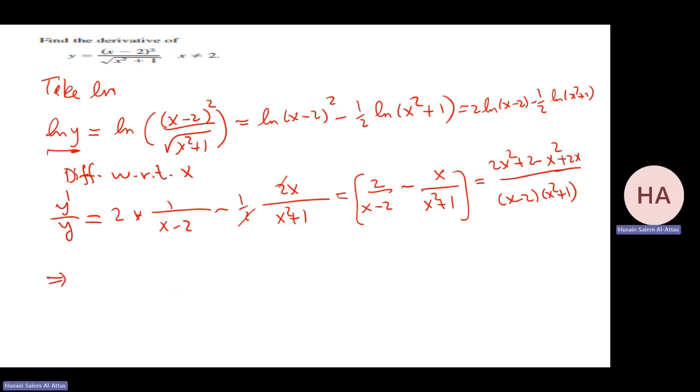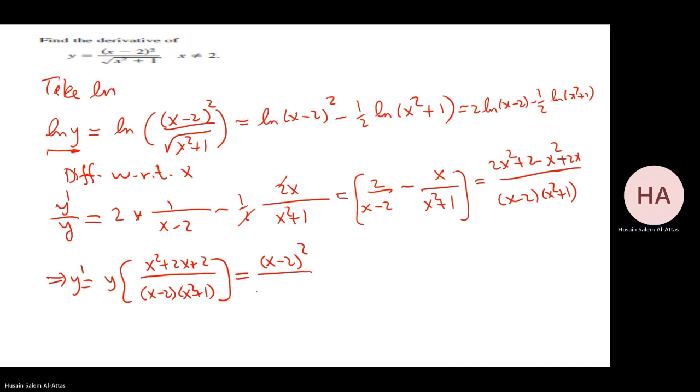And that means y prime will be y times all of this, which is what? (x squared plus 2x plus 2) over (x minus 2)(x squared plus 1). I can put y now, which is (x minus 2) squared over the square root of (x squared plus 1), times (x squared plus 2x plus 2) over (x minus 2)(x squared plus 1). So this is my answer.